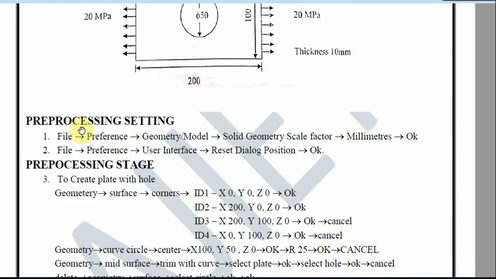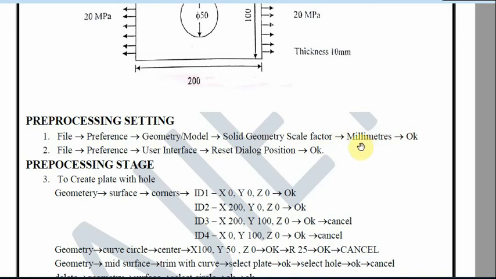In the simulations, there will always be three important steps. One is pre-processing, second one is processing, and last one is post-processing. So before that, we need to start with the pre-processing setting. That is, we have to go for file, preference, geometry/model, solid geometry scale factor.